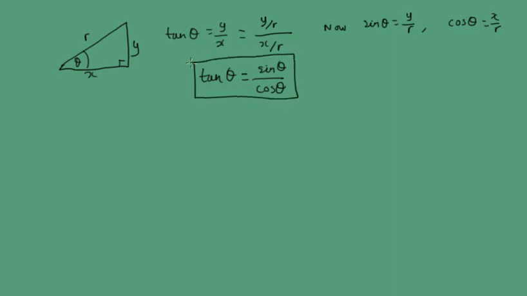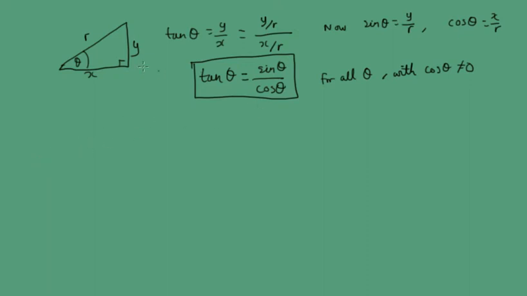And this is something that's really important that you memorise. And this is for all theta with cosine theta not equal to 0.